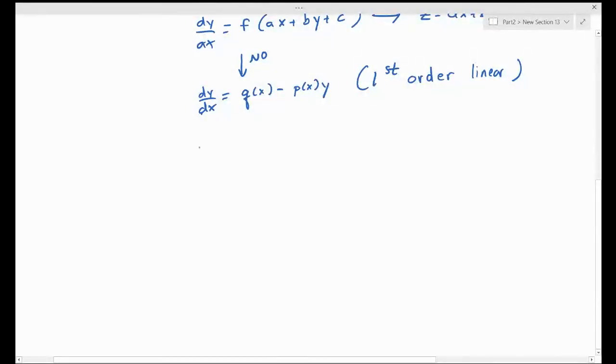Okay, so first order linear. I'm going to write this like so. That's in the conventional form. So here, the idea is that there's something called an integrating factor.